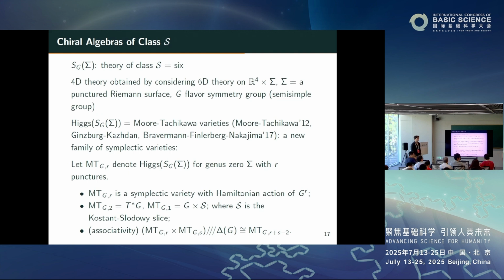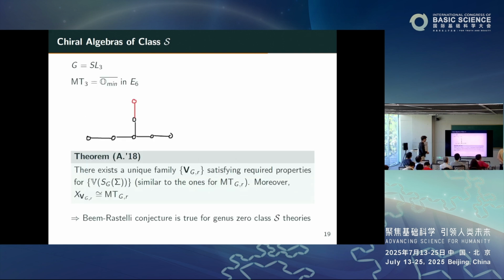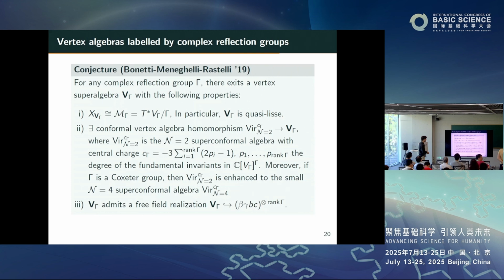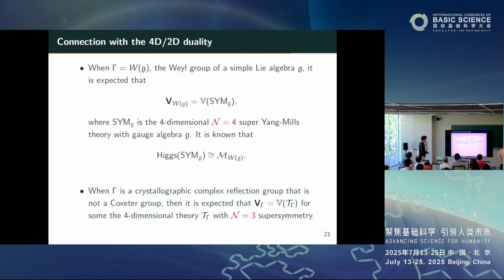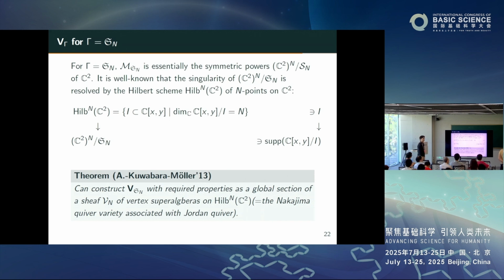Okay, can you go to page 22? I would like to ask about the statement of the theorem. Can you explain a little bit about how the sheaf of vertex superalgebras is constructed?